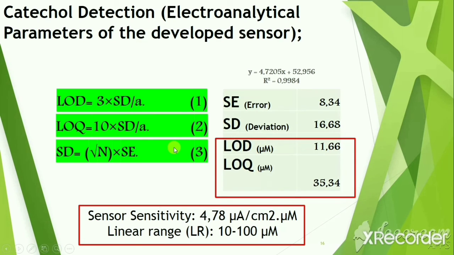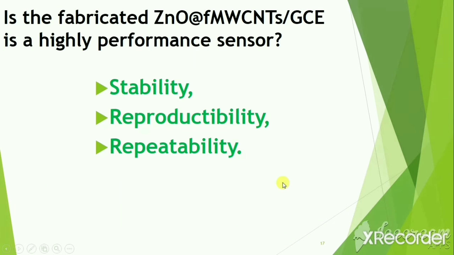The sensor showed a low LOD of around 11 micromolar and also a low limit of quantification of around 35 micromolar. Now, do you think the sensor is highly performant or not? To say so, we need to do stability, reproducibility, and of course repeatability tests.